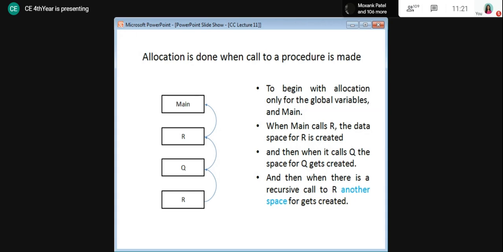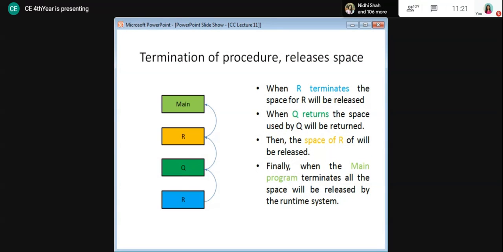Then when it calls Q, the space for Q gets created. And then when there is another recursive call to R, another space for R gets created. Right. So here it is very clear that for each instance we have separate space allocated for the same procedure R.